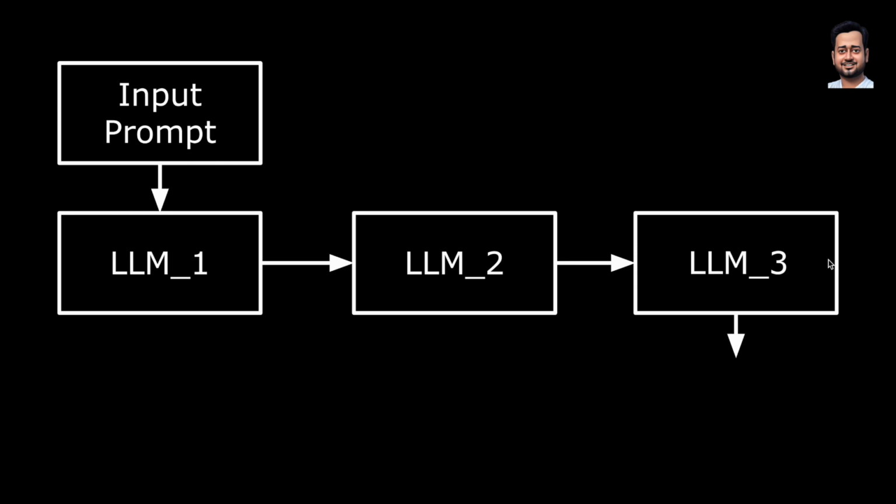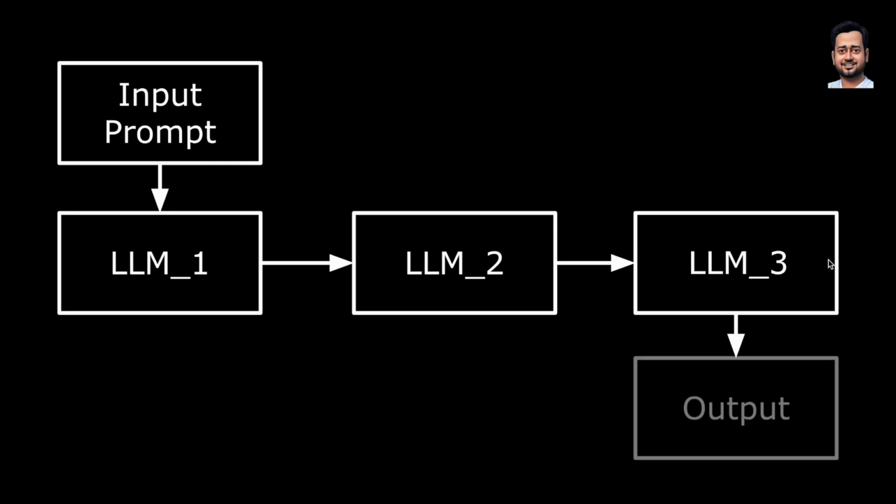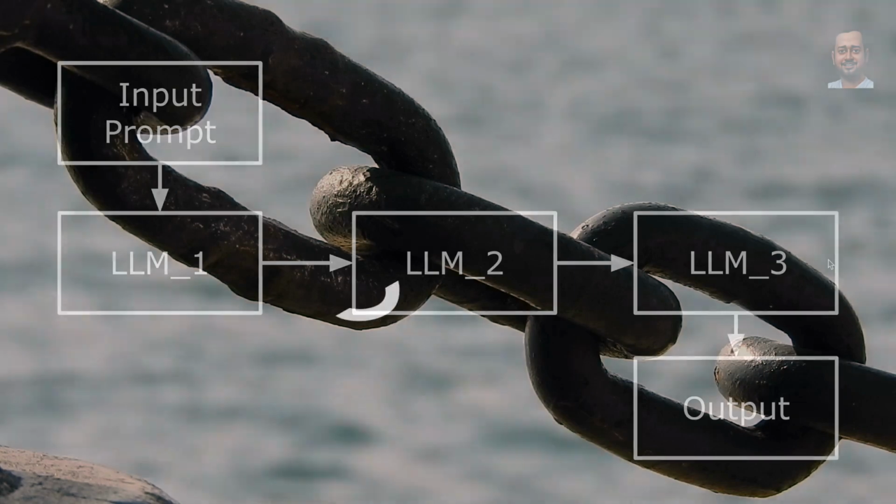This can be extended for multiple LLMs together, which is what I'm showing here. This is a very powerful technique in which you can create really long chains and create an entire end-to-end LLM based application that can carry out a really complex task.